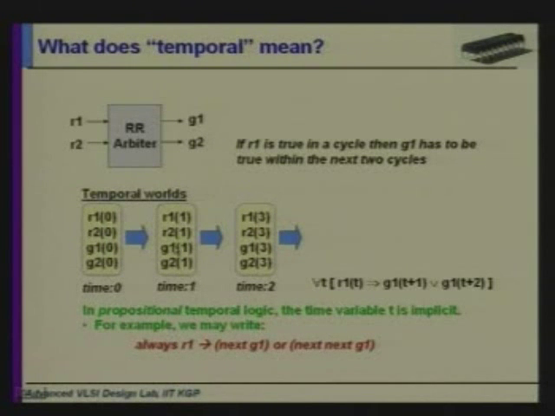If we enumerate this entire thing over time, at a particular time t we will have some value for R1, R2, G1 and G2. In the next time frame we will have another set of values for R1, R2, G1, G2.